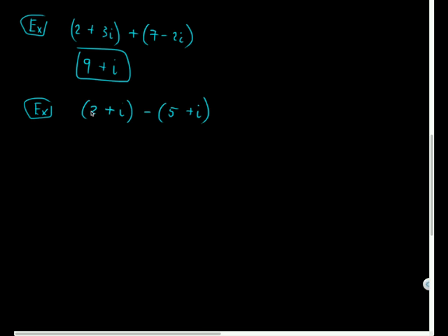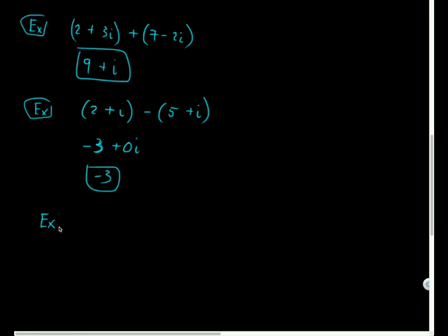And if I subtract these, I'd have 2 minus 5 is negative 3. And then i minus i would be 0i, which is 0, and I get negative 3. So notice it's actually possible in some cases to add or subtract complex numbers and end up with a real number, which is kind of weird. So in terms of number sets, that's called an open operation, that it's possible that I could add these two things and get a number that isn't even in the original set. It's kind of an unusual case.